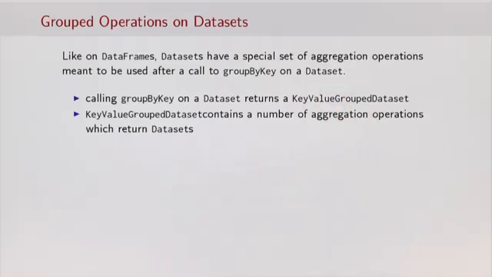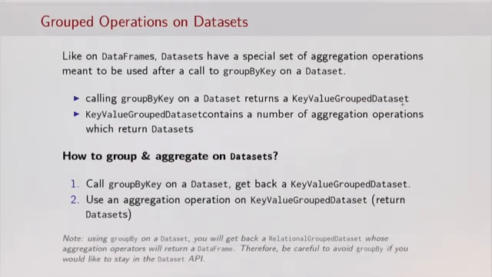So it's the same two-step thing that we saw in the last session. In the case of groupByKey, we return a different type called KeyValueGroupedDataset. You're going to have to remember the name of this if you want to look up some of the aggregation operations that you can use. And in this KeyValueGroupedDataset, there are a number of aggregation operations defined which return datasets.